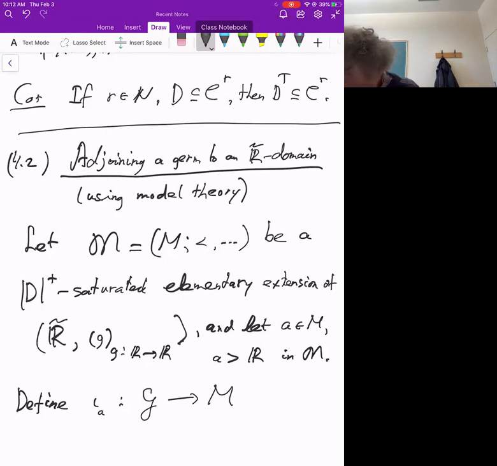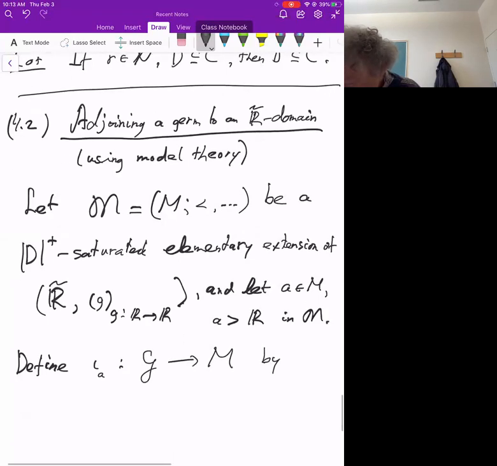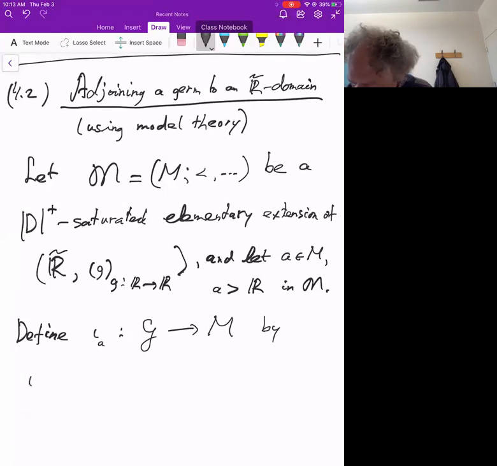How is it defined? Well, if you have a germ g, you take a representative of it, a function from R to R, call that also g. And then you interpret that g as a function on M and evaluate it at a.